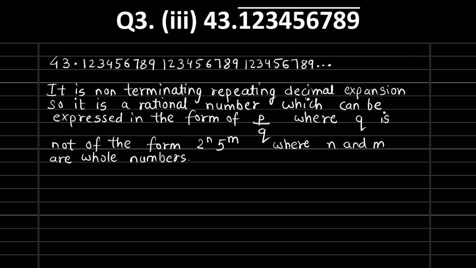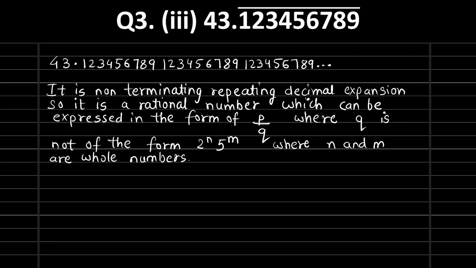So we concluded from all these three subparts that if it is a terminating decimal expansion, it is a rational number. If it is a non-terminating repeating decimal expansion, in that case also it is a rational number. Now, what about the prime factors of Q? If it is a terminating decimal expansion, the prime factorization of Q will be of the form 2 raised to n into 5 raised to m, which indicates that the denominator will only have prime factors 2 and 5, not any other number, right?